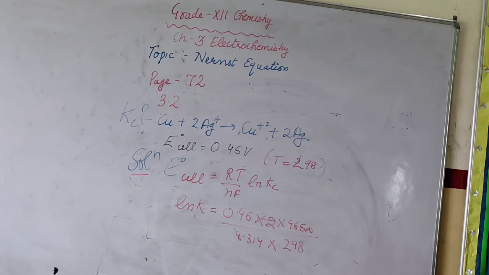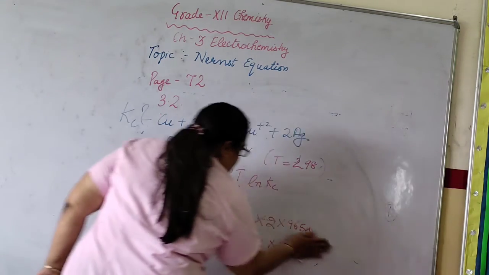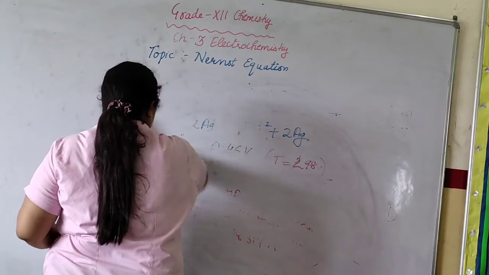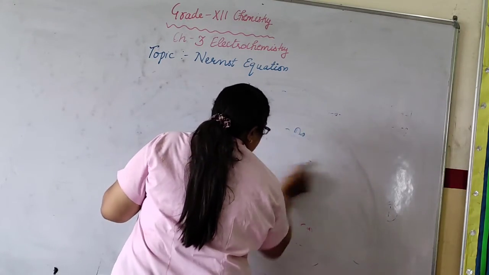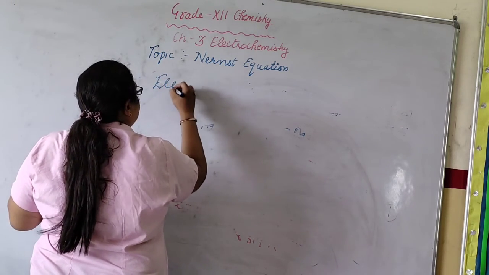Now, the last topic is electrochemical cell and Gibbs free energy. It is a small topic.